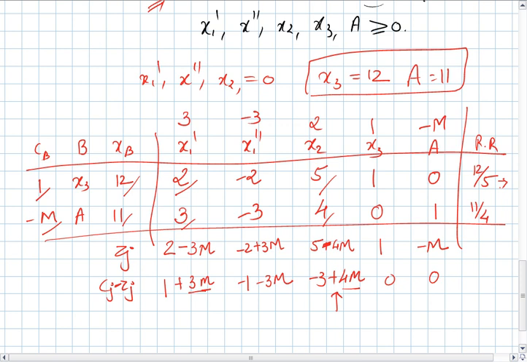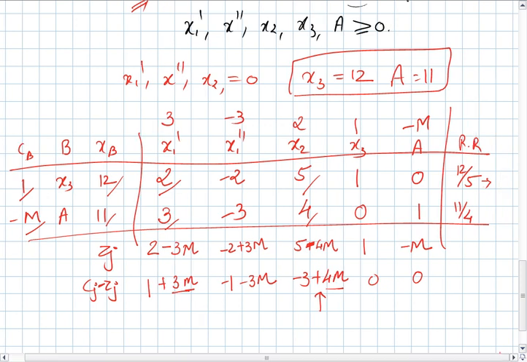If you are not able to see it directly, then multiply both by 4 and 5: 12 times 4 is 48 over 20, and 11 times 5 is 55 over 20. So this is the smaller quantity, so the corresponding variable will leave the basis: x3 will leave the basis and x2 will enter the basis. So we have to make this quantity 1 and this quantity 0 by applying the row reduction process.